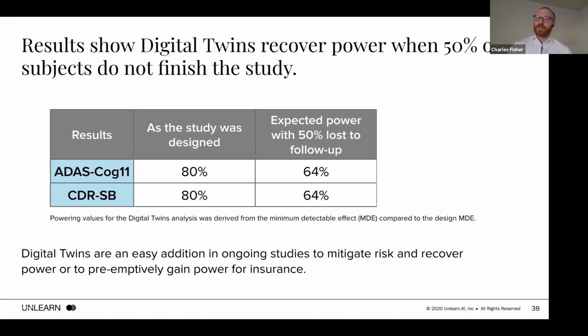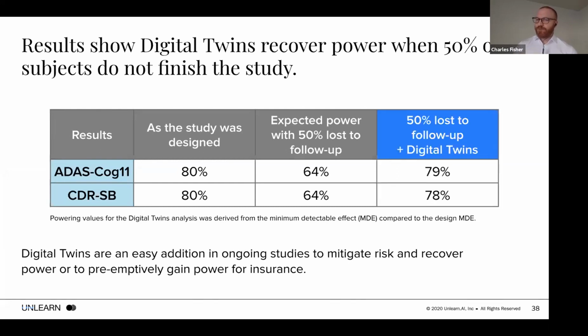So now you have a significant reduction in your ability to identify these therapies if they're really effective. And by adding an intelligent control arm to this ongoing clinical trial, you can recover the statistical power back to 80%. So this is a way for an already running clinical trial to very easily incorporate digital twins to mitigate risk and recover power for these types of unforeseen circumstances that cause low enrollment or high dropouts.